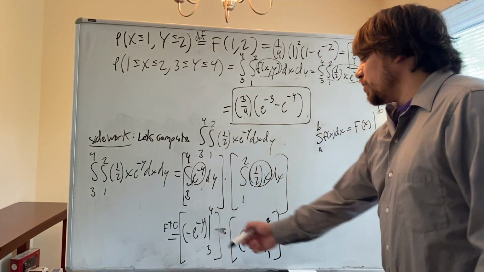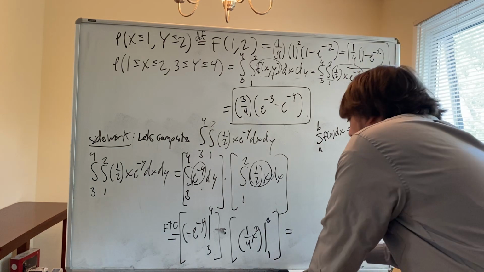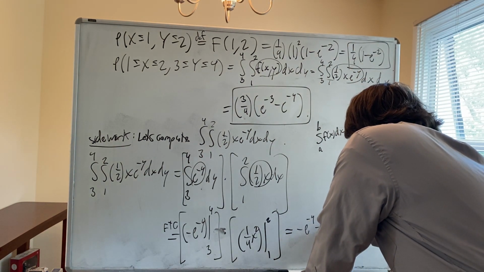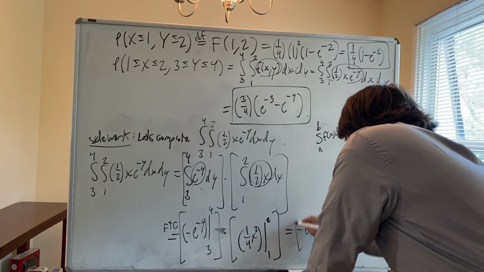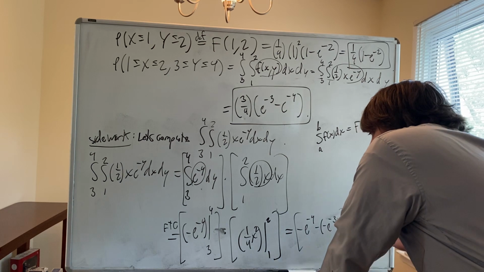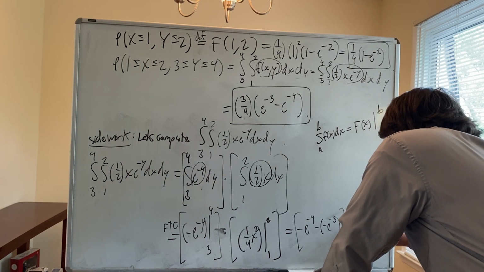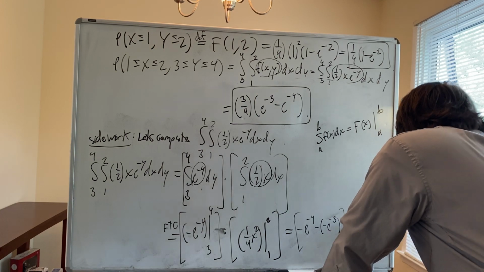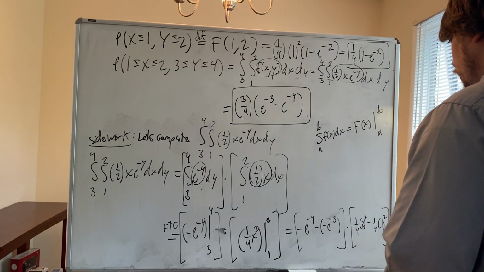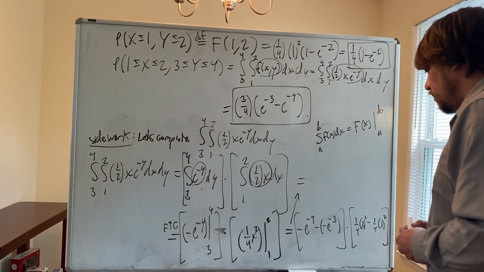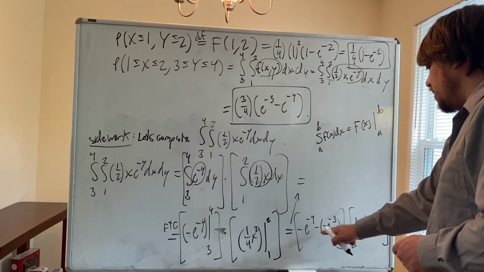And so you compute that and you get negative e to the negative 4 minus negative e to the negative 3, times 1/4 x squared from 1 to 2. So it's 1/4 times 2 squared minus 1/4 times 1 squared. This minus this, the minuses cancel, you get plus.